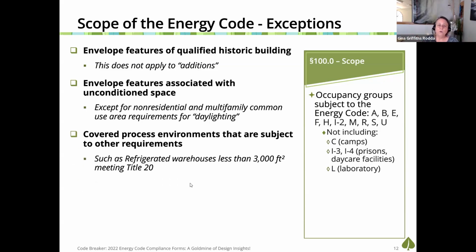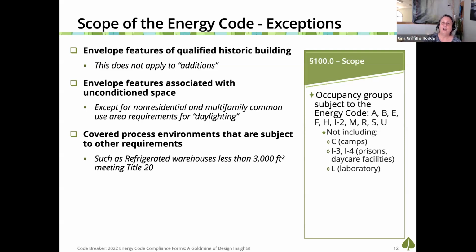If we have a covered process that is not subject to the energy code, so the energy code has some process loads that are subject to the energy code, but some are not. And when we say covered, we don't mean it's a process system that's covered by a roof. I have had that mistake be voiced to me by some.